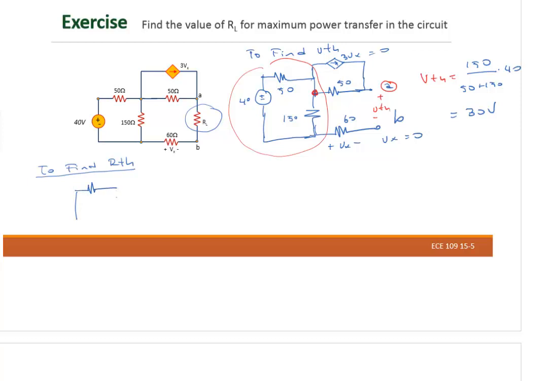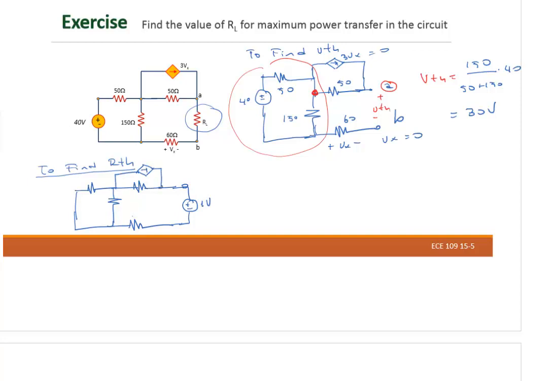We're gonna have this one here back. So we're gonna put right there a 1 volt source, and we still have this current source connected right there.